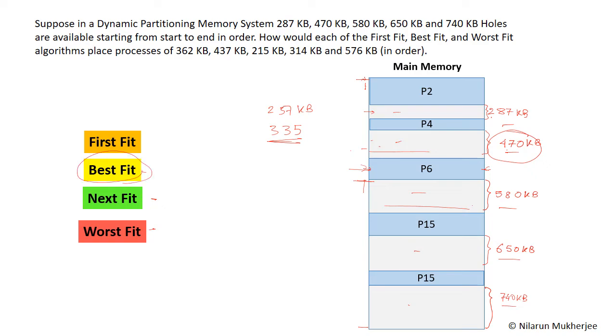Then the worst fit, this is just the reverse of the best fit. And there is one disadvantage or problem of best fit: it tries to allocate the process in a hole which is just large enough to fit.